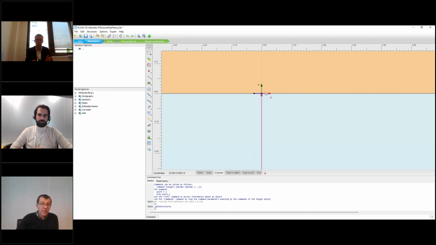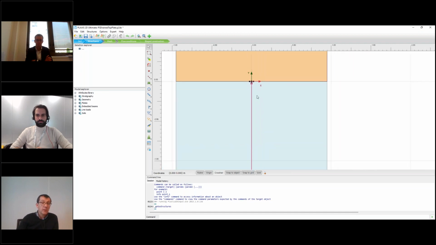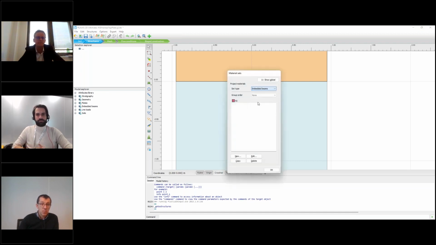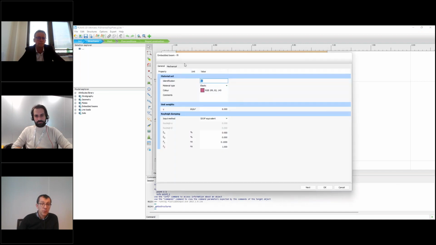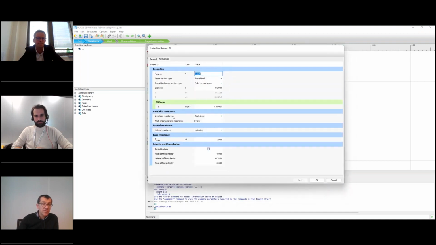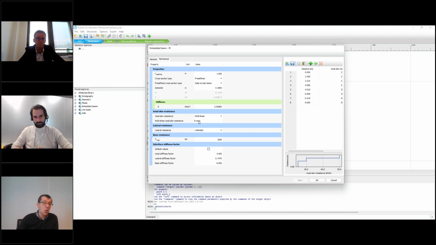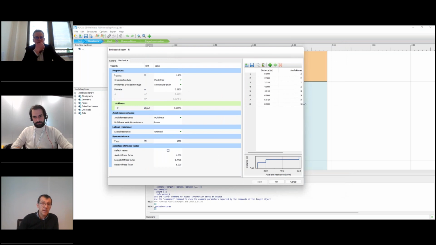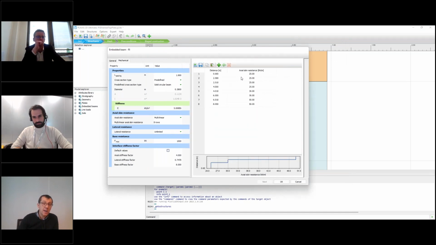Okay. Then the other remaining important parameter to achieve a proper calibration is to play first with the skin resistance development along the interface or along the embedded beam. So here as well, I am providing some values. The values I provided here are directly computed based on the amount of skin resistance being mobilized in the axis symmetrical model, which is always our reference.